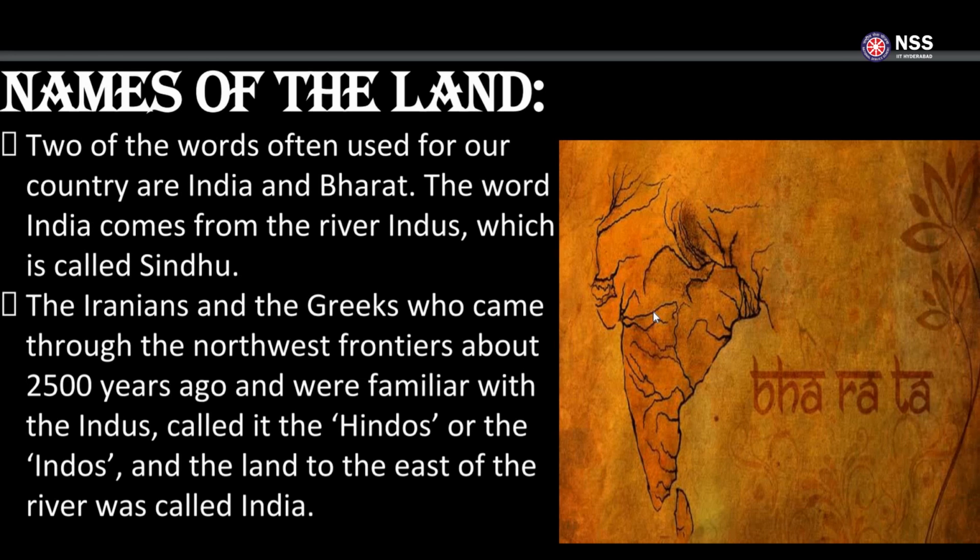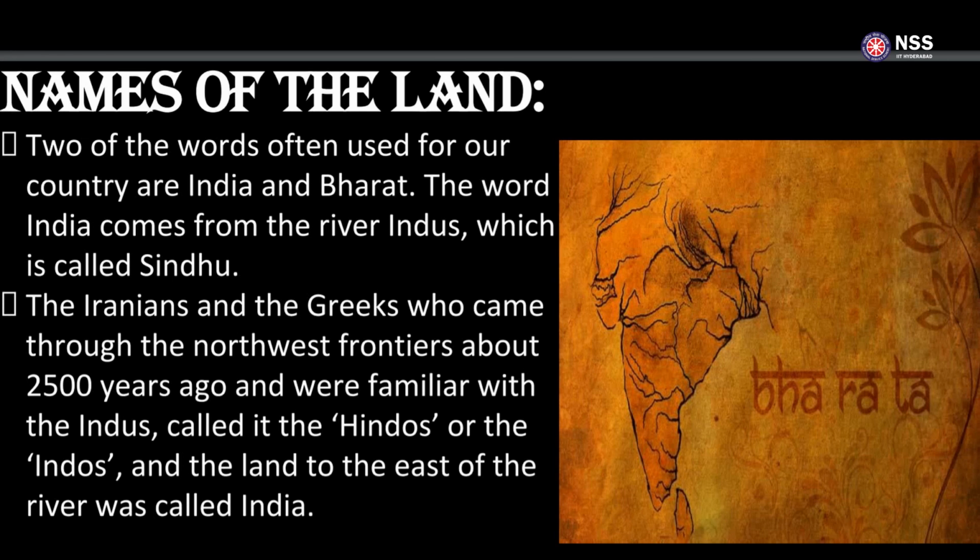Actually the Iranians and Greeks who came from the northwest about 2500 years ago were familiar with the Indus river, because people when they travel, as we know, used to reside on the banks of rivers. So they were familiar with the river Indus and called it the Hindus or the Indus.